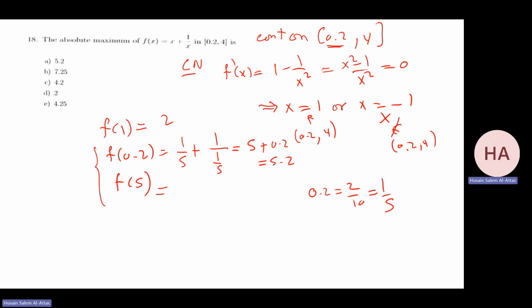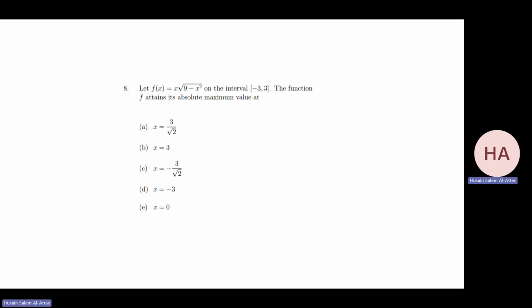F of 5 will be 5 plus 1 over 5. F of 4 will be 4 plus 1 over 4, and that is 4.25. Absolute maximum, very clear, it's 5.2.